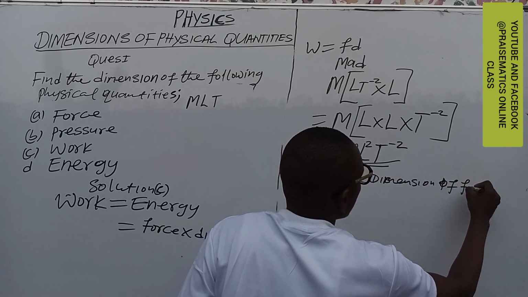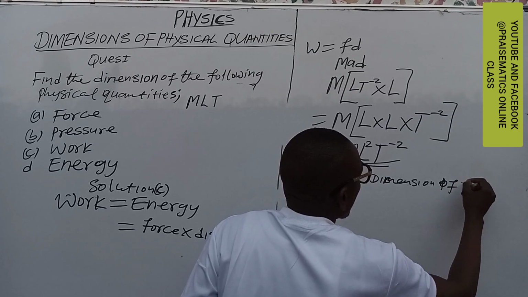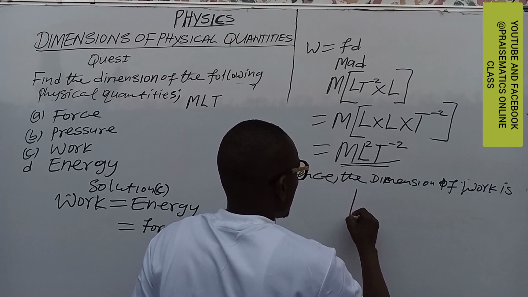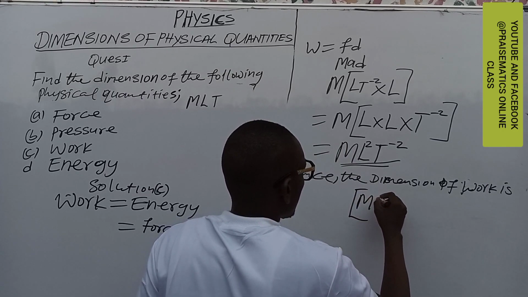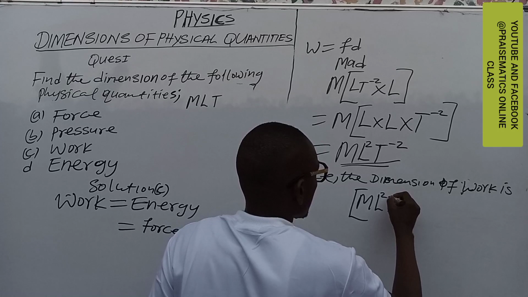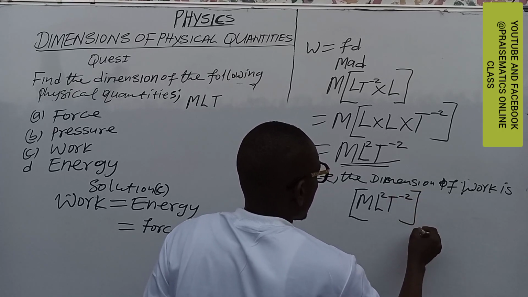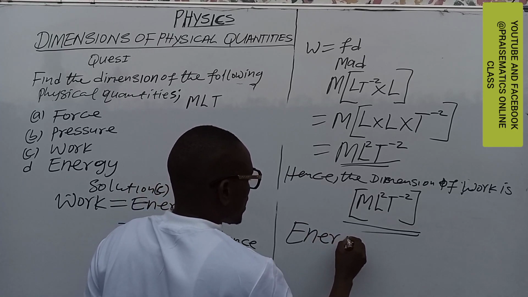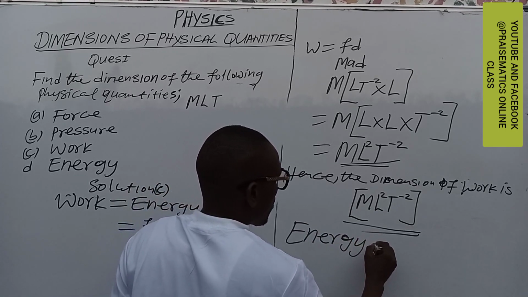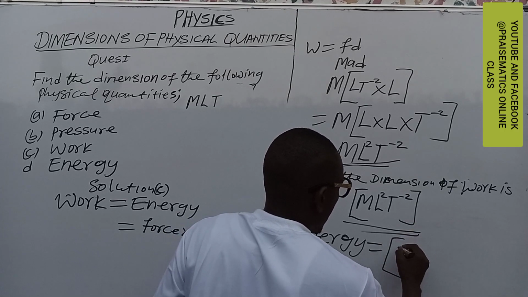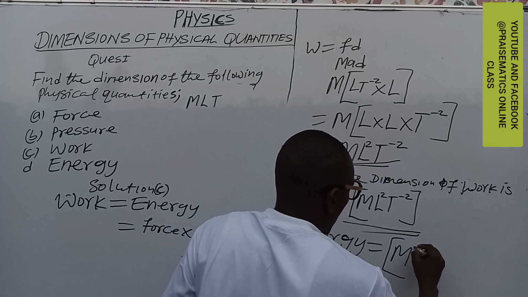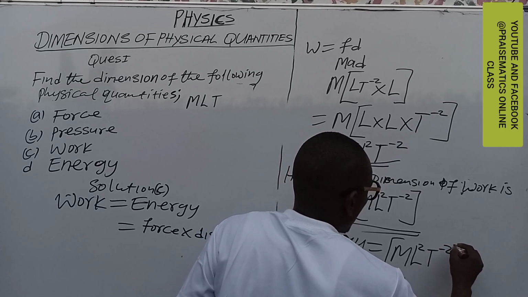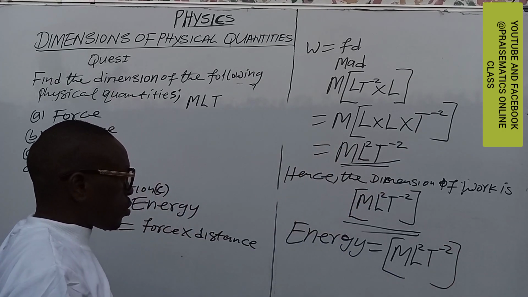So hence the dimension of work is M L raised to the power 2, T raised to the power minus 2. And it's the same thing: energy has the same dimension. The dimension of energy is M raised to the power 1, L raised to the power 2, and T raised to the power minus 2.